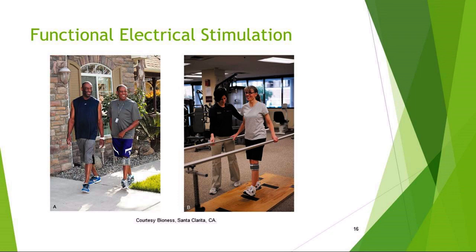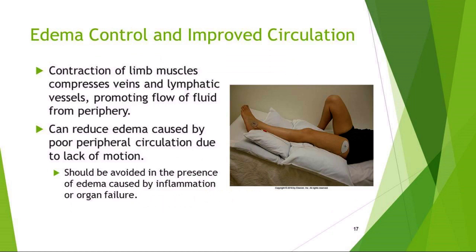It's pretty cool. So for edema control and improved circulation: a lot of times when people have limited range of motion or limited movement, they get edema in the limb that's involved. If you can use electrical stim to contract limb muscles, you can compress veins and lymphatic vessels to promote the flow of fluid from the periphery to the central circulation.